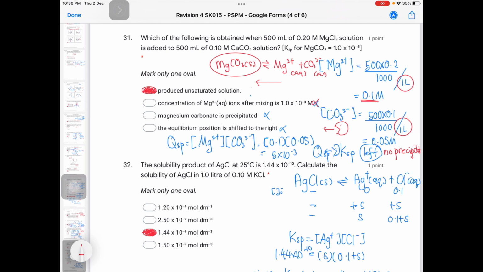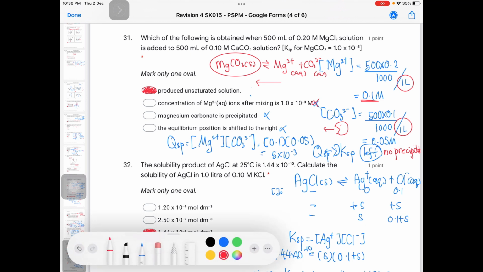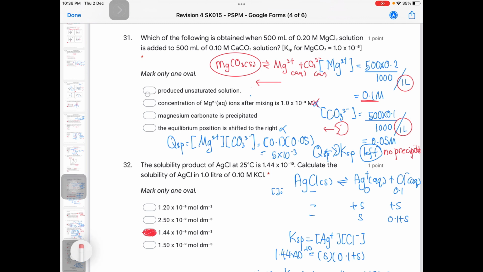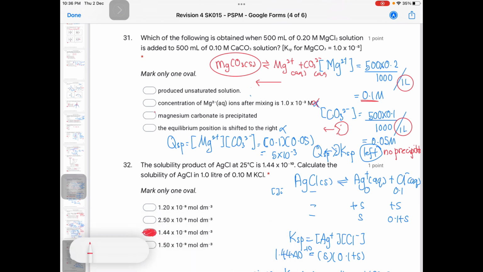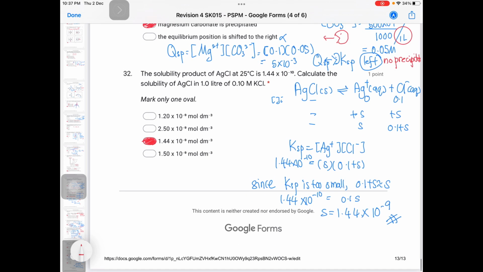So magnesium carbonate is precipitate. Suppose the answer is C. Not this one, unsaturated. Unsaturated means that it shifts to the right. So the answer is C. Sorry, not precipitate. Precipitate will form. We will get precipitate.